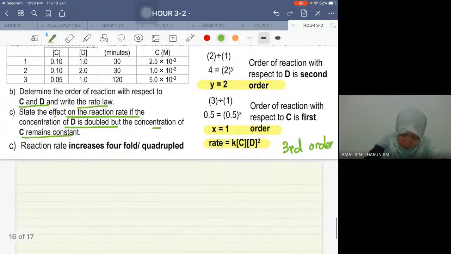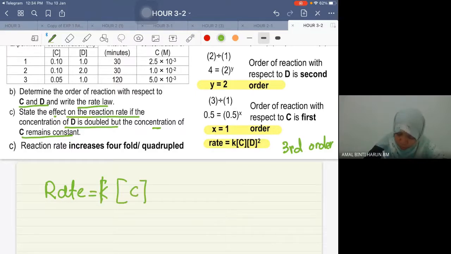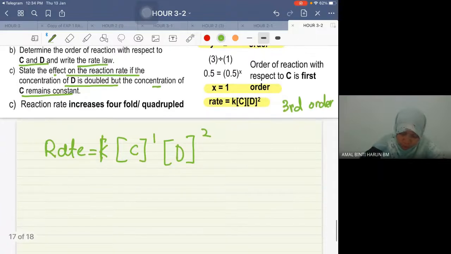Okay, rate sama dengan K C power of 1 D pula power of 2. Okay, dia nak apa? Concentration of D is double. Okay, katakan ini 1.0 molar. So ini menjadi double.